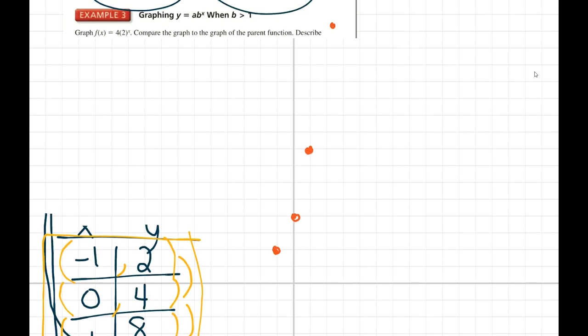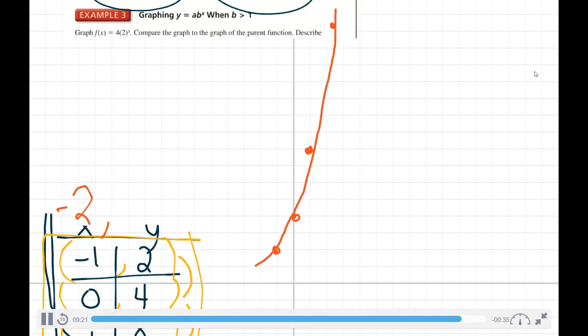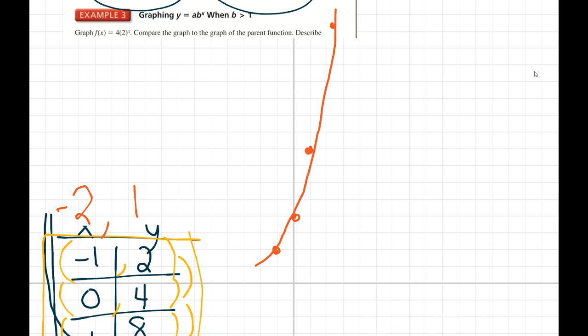So you can see here that if I connect these, there's going to be a curve. And if I wanted to go a little bit further and see what my next dot's going to be, I could test a -2, or 2 raised to the -2 times 4, and you're going to get 1. So then I could plot -2, 1.